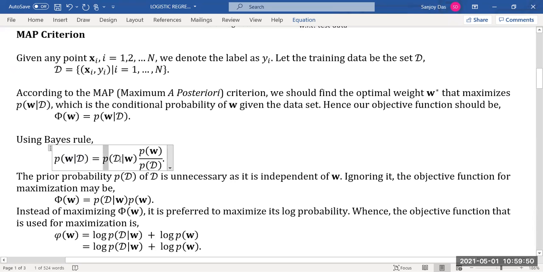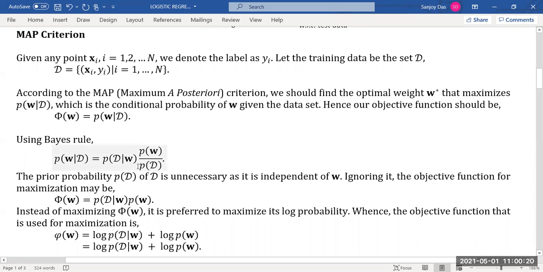This is the probability of the data given the weight. This is the probability of the weight, so this is a prior probability. This probability is independent of the data. Note this point: this W is independent of D, the training samples, and then divided by the probability of D. Agreed? This is Bayes' rule.